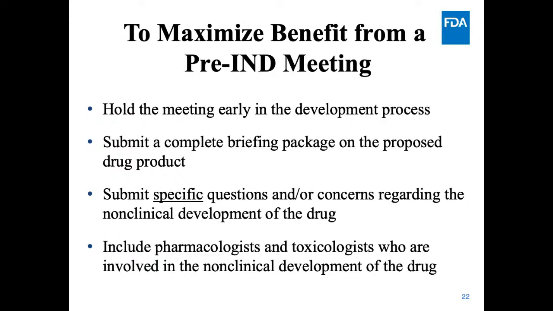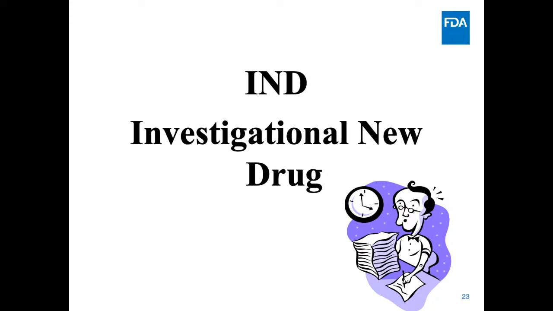To maximize benefits from the pre-IND meeting, hold the meeting early in the development process, submit a complete briefing package on the proposed drug product, submit specific questions or concerns regarding the non-clinical development of the drug, and include your pharmacologists and toxicologists who are involved in the non-clinical development of the drug.